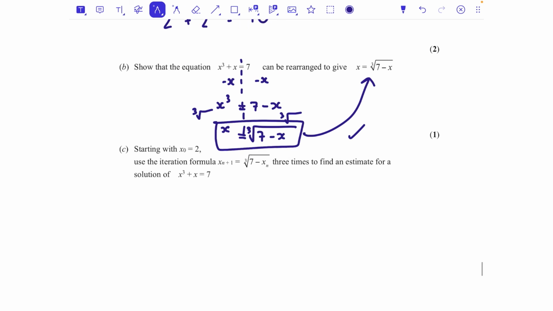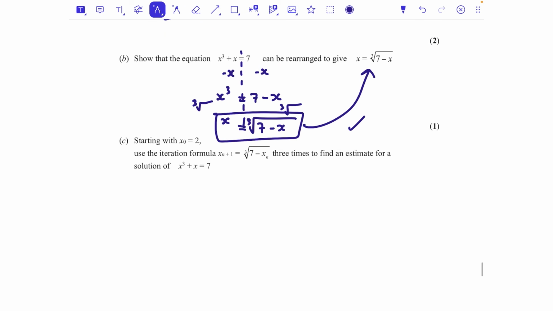Part C says starting with x0 equals 2, use the iteration formula xn plus 1 equals the cube root of 7 minus xn 3 times to find an estimate for the solution of that. Looks so complicated, but I promise you it's not that bad. So what you need to get over here is the notation. Xn plus 1 just means the next x, and xn means the x that you're dealing with right now.